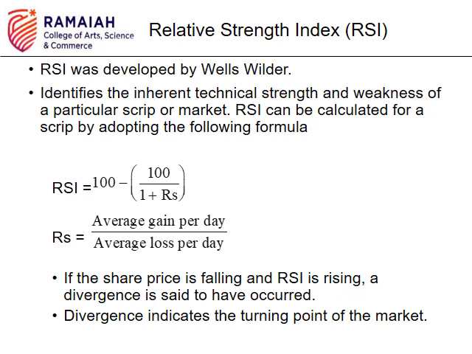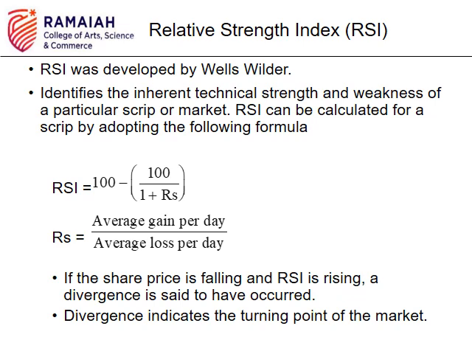So RSI is a tool which helps us understand the momentum of a particular share. At what price is it increasing or at what price is it decreasing? When can we expect it to turn the market, right? It identifies the inherent technical strength and weakness of a particular script or market, right?